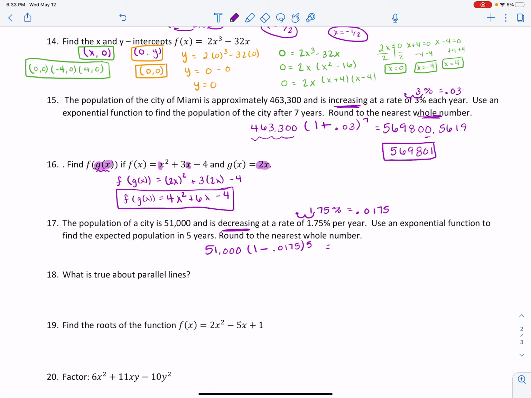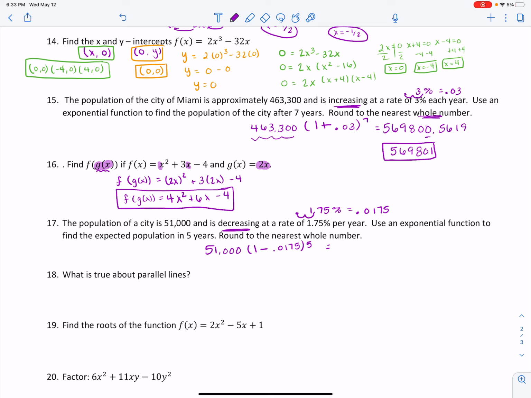So again, if you had your graphing calculator, you could do all that at one time. I forgot mine, so it's going to take me a minute. 1 minus 0.0175. We're going to raise that to the 5th power. And then we're going to multiply it times 51,000.